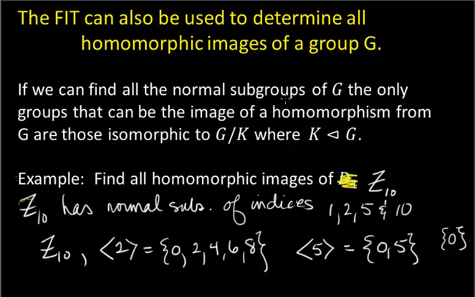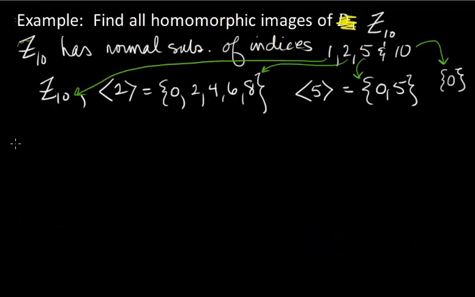So remember, the index is the number of cosets, or the order of the factor group. So the one of index 1 is Z10. Index 2, in other words, there are 2 cosets of that subgroup. There are 5 cosets of this one, and 10 cosets of the little trivial subgroup containing only the identity.